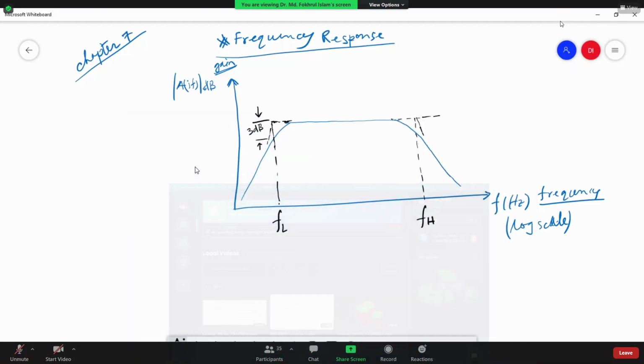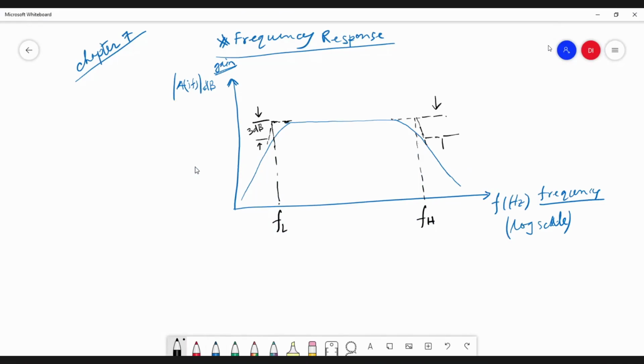This duration is usually measured as 3 dB. And this portion is called midband.